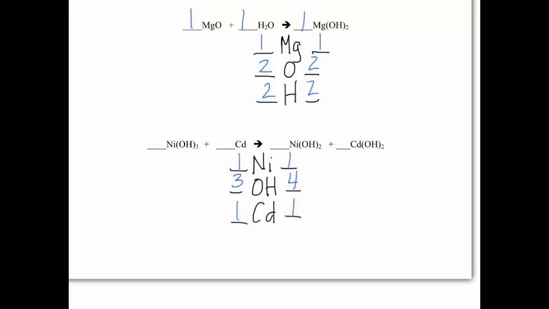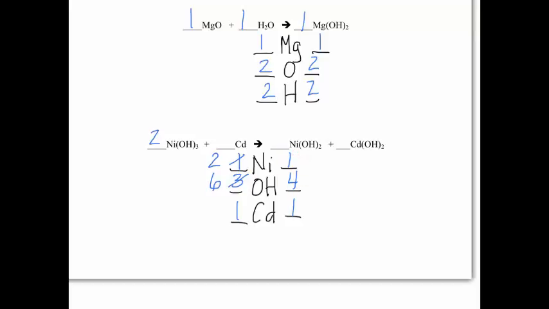So I'm going to try doubling my NiOH3 in the hopes that by making it even, we can fix this. So now I don't have 3 OHs, I have 6. And it also changed my nickel. I now have 2. So now our nickel and our oxygen are actually deficient on the product side.